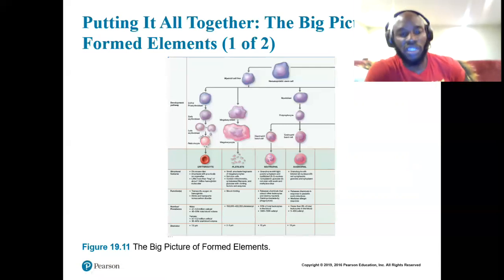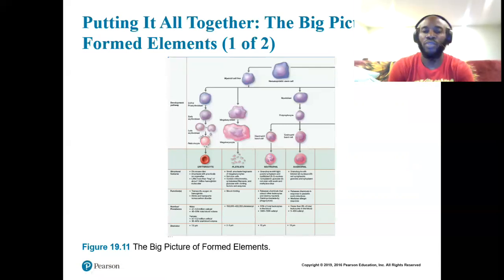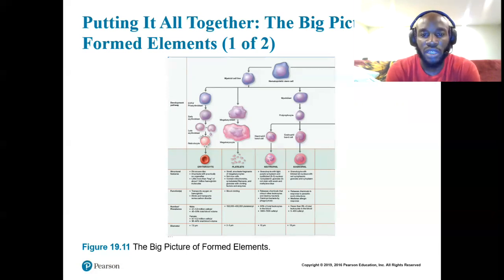Right, and then here we just have a diagram putting it all together of how the hematopoietic stem cells, the HSC, lead to your different types of formed elements that are in blood, your erythrocytes, your platelets, your different leukocytes.